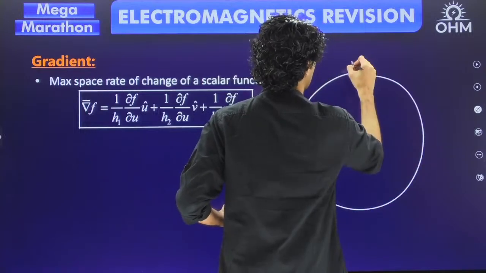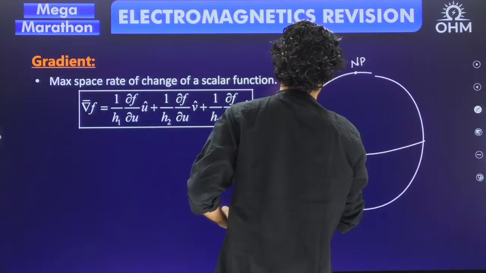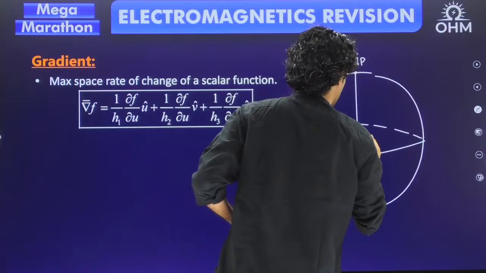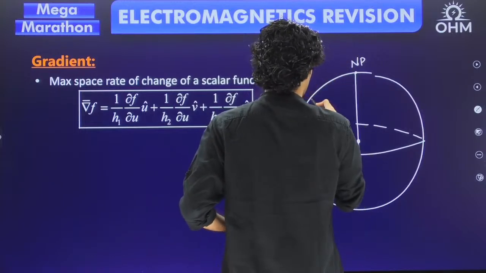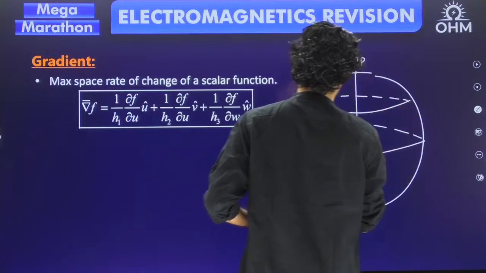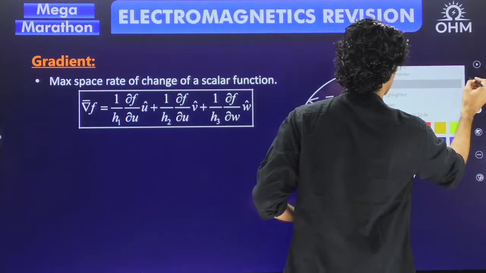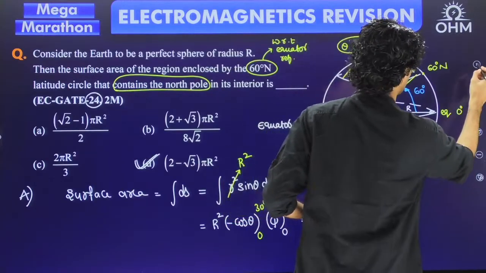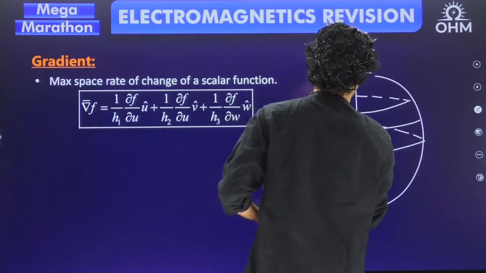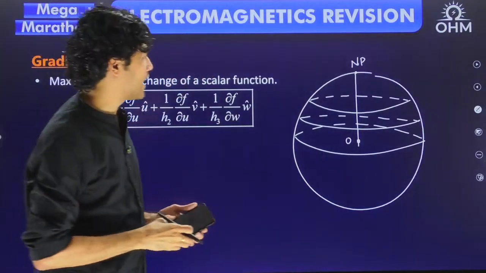Again, Earth, North Pole, equator. Okay, and this is the center point, let's assume. So like this, I have taken 3 circles, 3 latitudes in fact.